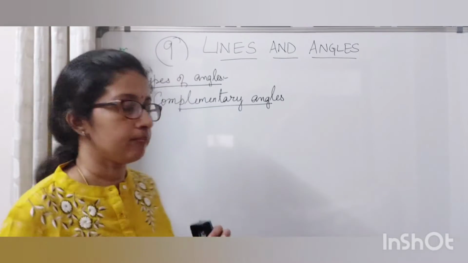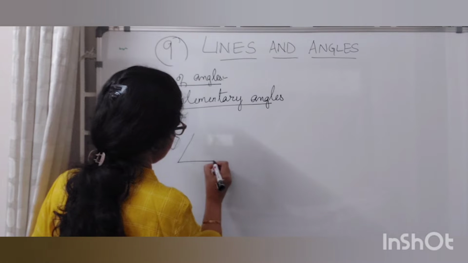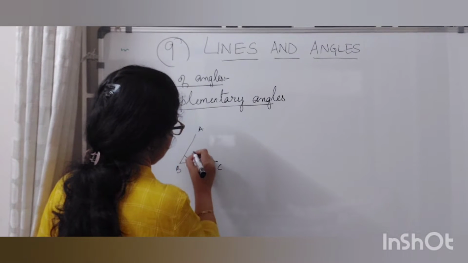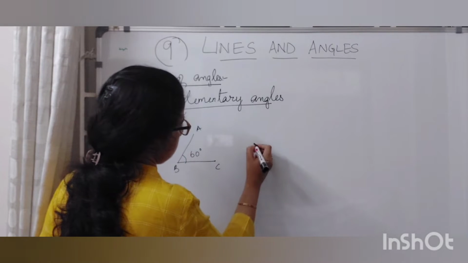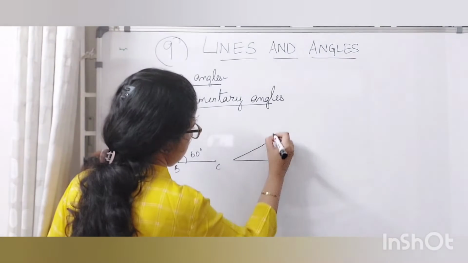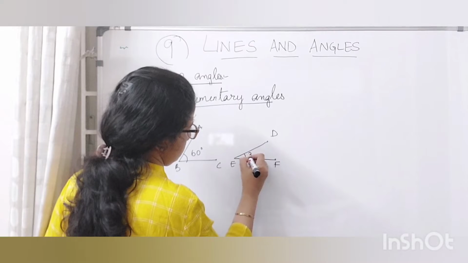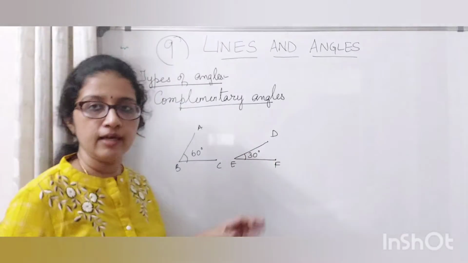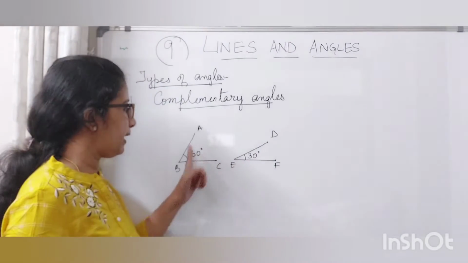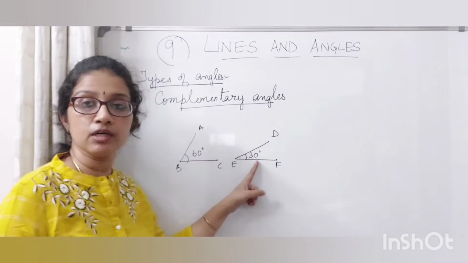So for example, see, here we have two angles, ABC and DEF. ABC measures 60 degrees and DEF measures 30 degrees.